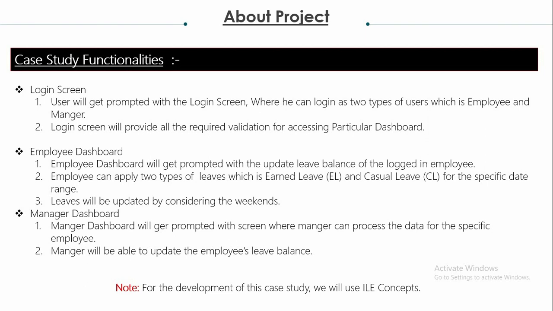From there the manager can put the requirement on the screen and update the data for the employee. As soon as the manager updates the record, the same thing will be updated into the file, and next time whenever the user views the details, it will be populated with the latest information. So this is how we are going to implement this case study.